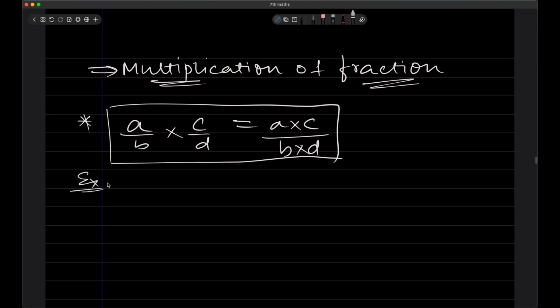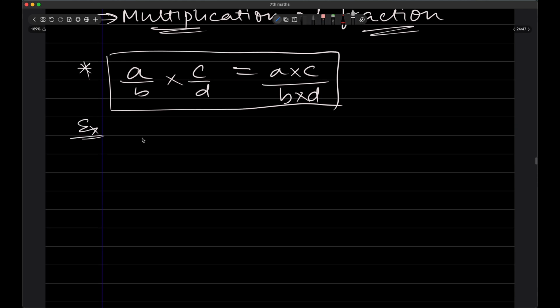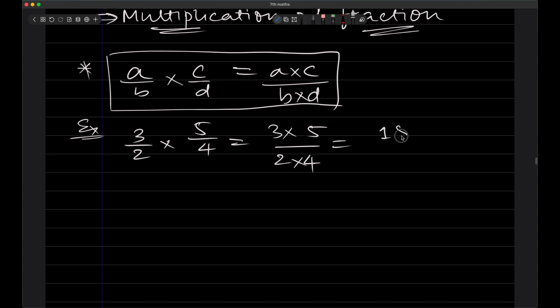If we take the example, that is 3 by 2 into 5 by 4, we will get 3 into 5 divided by 2 into 4, that is equals to 15 by 8.